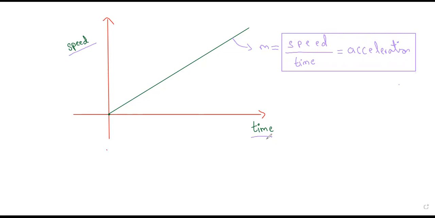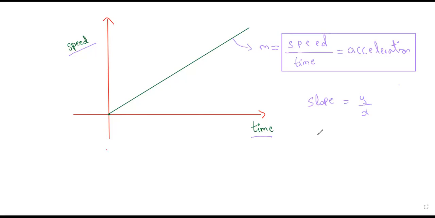But speed time graph does not only give you information about the acceleration, but also another thing. Now, we have two things in a graph: one is the slope, and the second thing is the area under the graph. The slope is basically y over x.